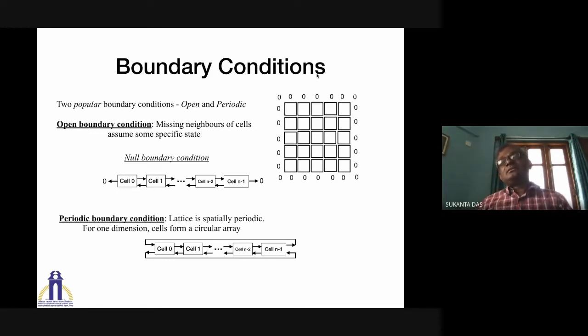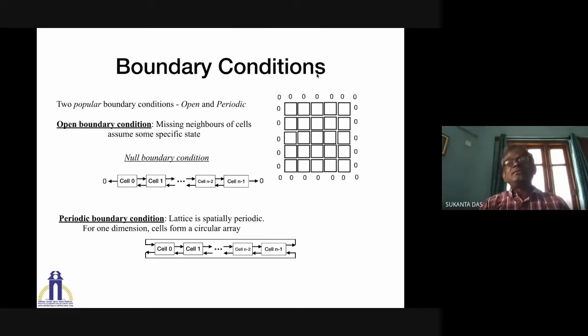And it is assumed that the boundary cells have some neighbors missing, and the missing neighbors are in some particular state. Okay, that state may be fixed, may change, but the cells which are missing are as if they are always in a particular state, right? That is assumed in case of open boundary condition.